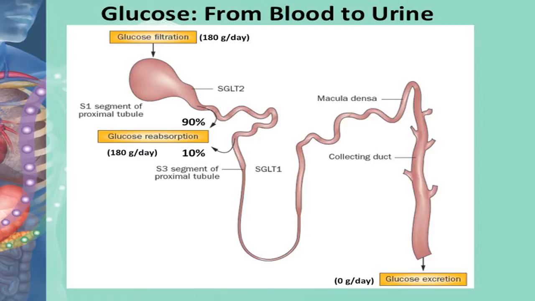I'm not going to dwell on this because I think Mo did a fantastic job of explaining the two receptors at play here. SGLT2, in the proximal portion, absorbs 90% of all the glucose that is filtered by the kidney. The other one, which is a little bit more specific but not as robust in terms of absorption, is the SGLT1, which absorbs only 10% of the remainder of the glucose that's filtered through the kidney.